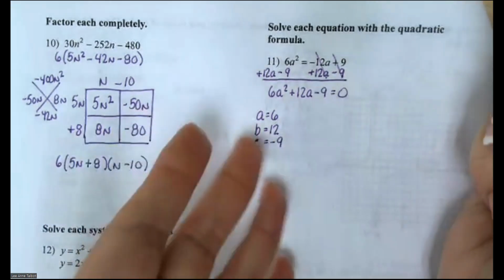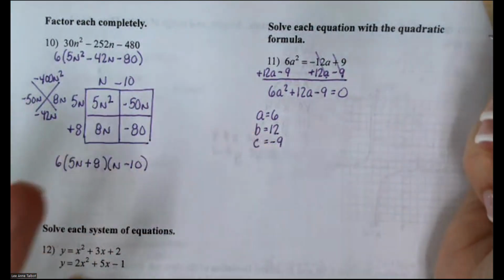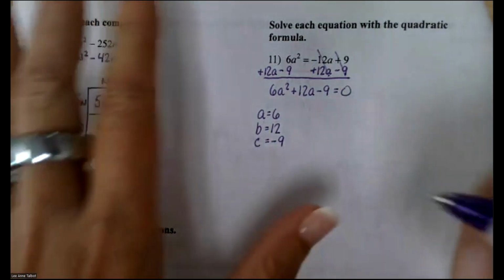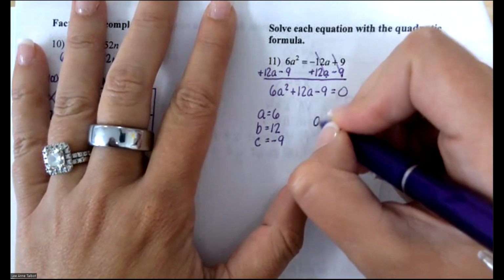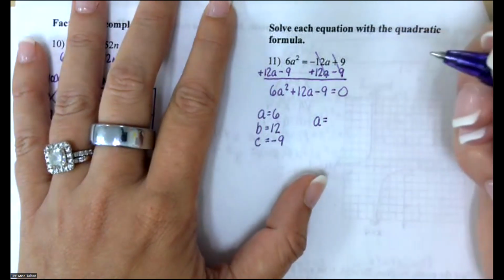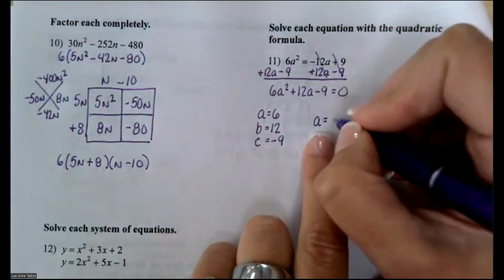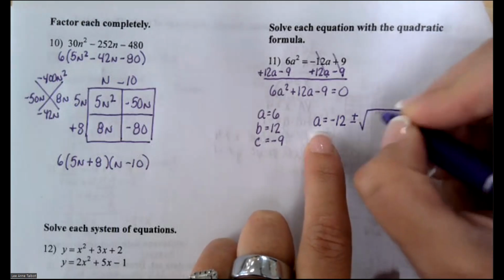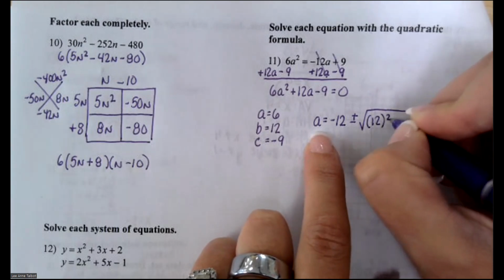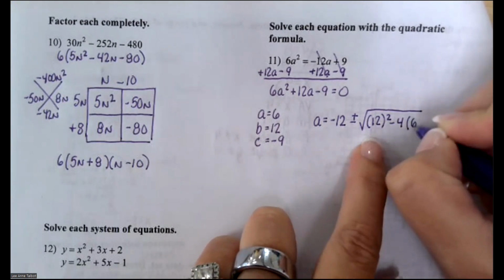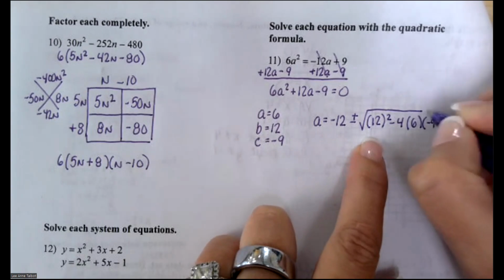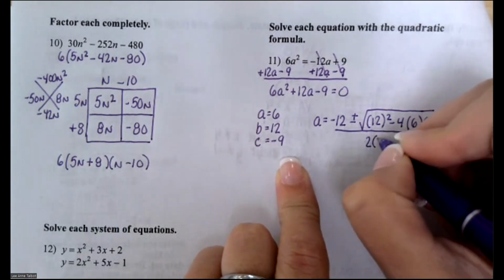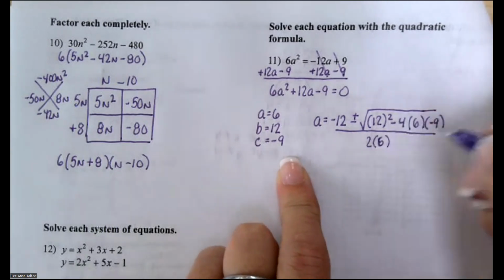Do you all see that you can divide it all by 3 though? Just checking. If it occurs to you, you have to do it with factoring, but you don't with quad formula. Okay, A equals, this is weird because it's an A, but whatever. Negative B plus or minus square root B squared minus 4AC all over 2A.